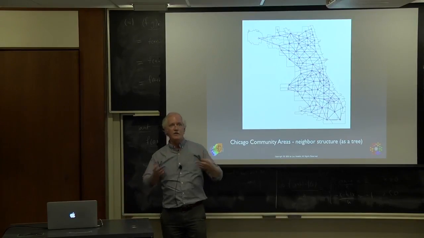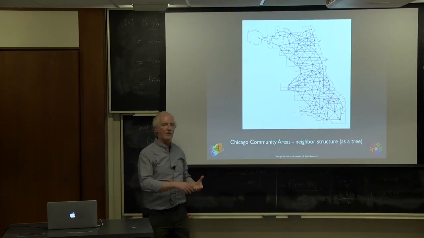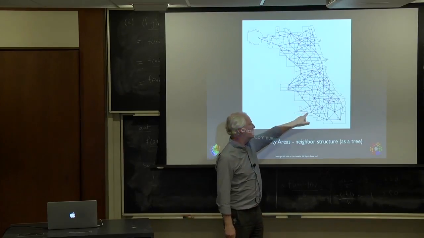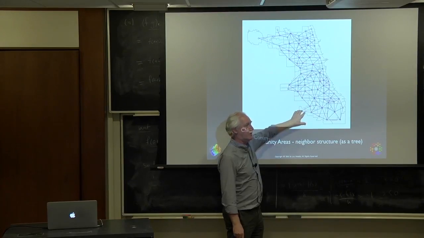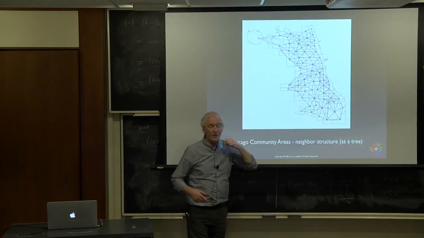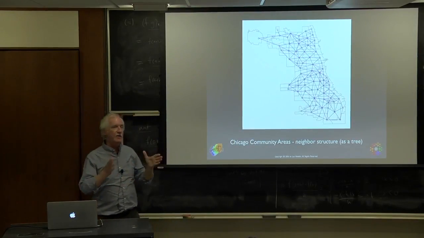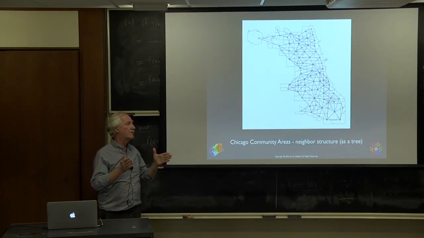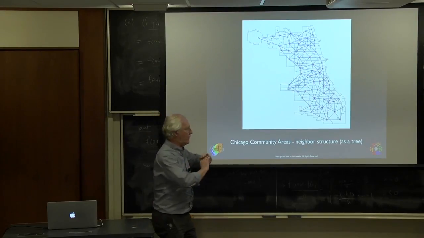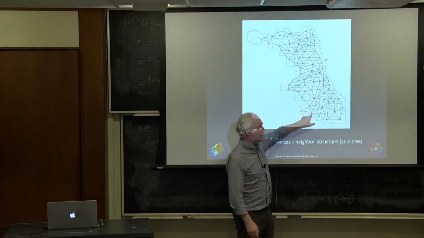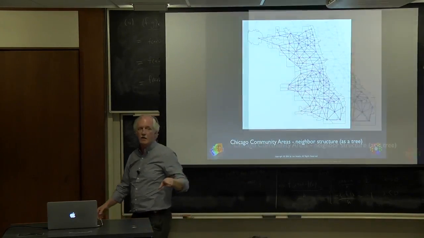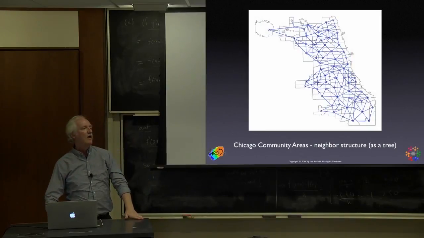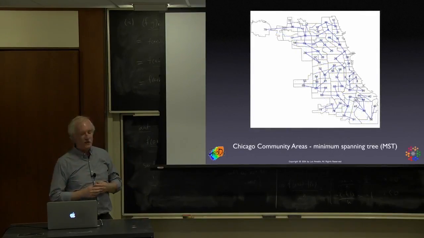So the translation of this using attribute similarity is that now the distance is not geographical distance, but is the dissimilarity between those two, for example, the dissimilarity as a Euclidean distance on the 4 principal components. Other than that, it's completely the same. We have weights for each of these things. How do we connect all these so that we pass through them just once and minimize the overall weight, the overall dissimilarity?